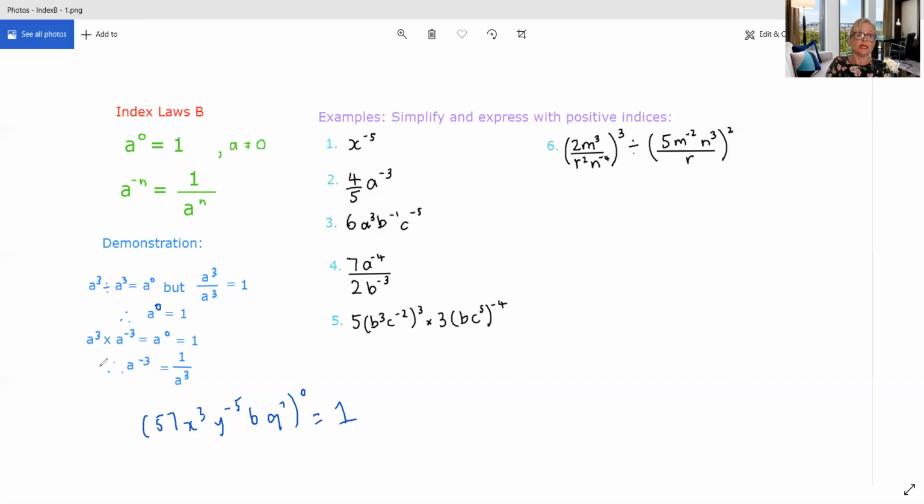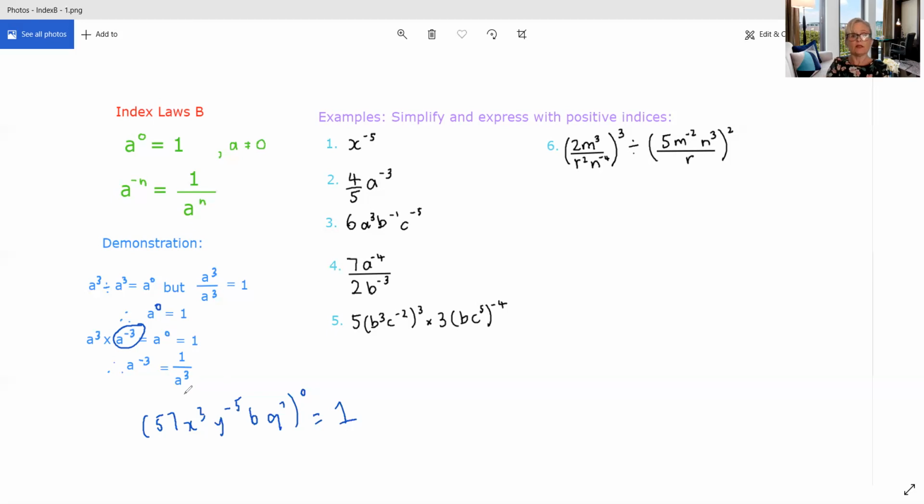Similarly, thinking about our negative indices, well, we know that a cubed times a to the negative 3 is a to the 0 because 3 plus negative 3 is 0, and that's 1. So if I want to get this on its own, I'm going to divide both sides by a cubed.